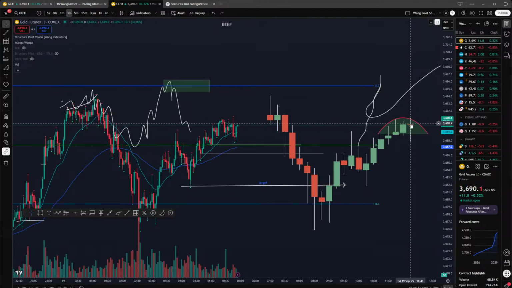The close is in 5 minutes. It closed like this. That means that this zone right here was strong enough to provide us with the move coming up. We'll see.